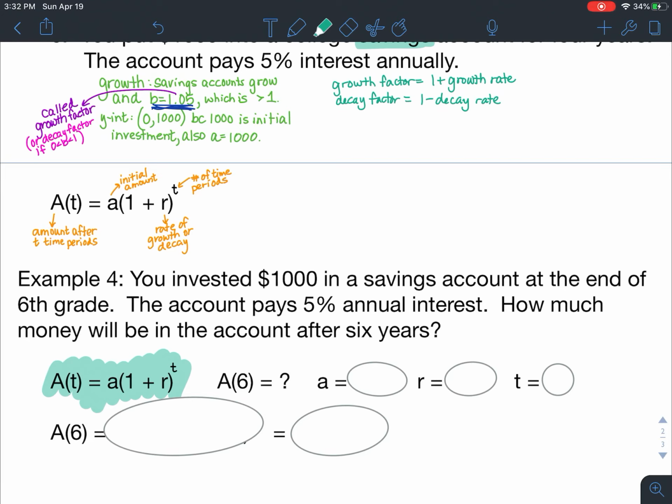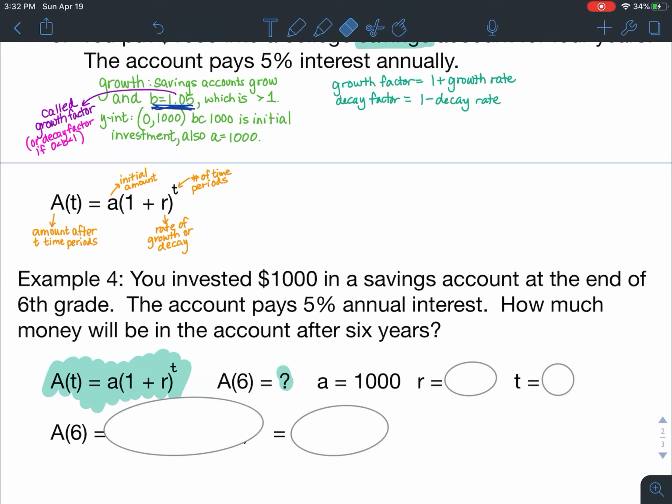And basically they want us to find A(6) because they want us to find out how much money will be in the account after 6 years. So that's why I have the question mark here. And then over here, I have a, r, and t. Those are the things that are given in the equation. So I just like to make a little list of what I got going on here. So lowercase a is the initial amount, so that's going to be 1,000.